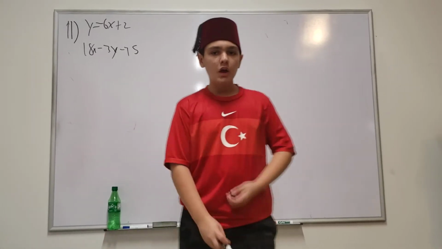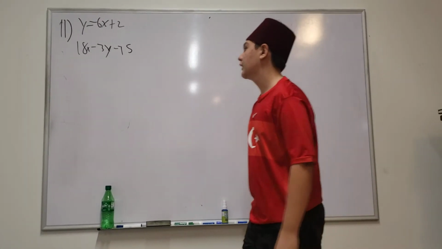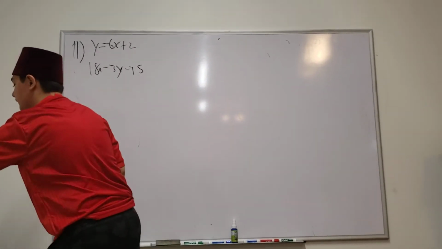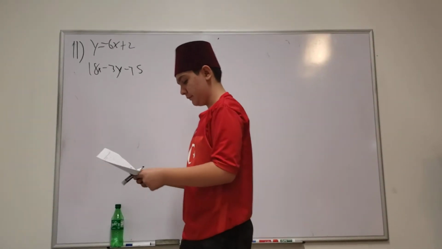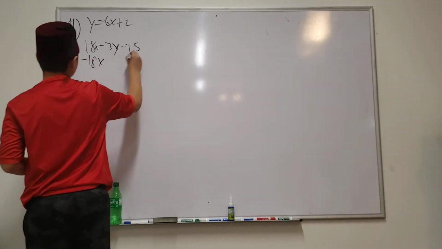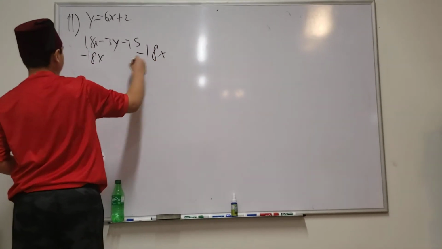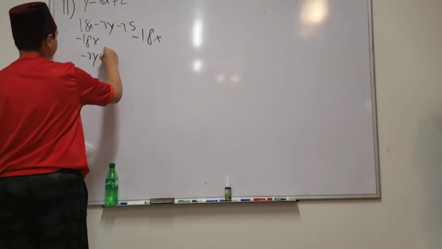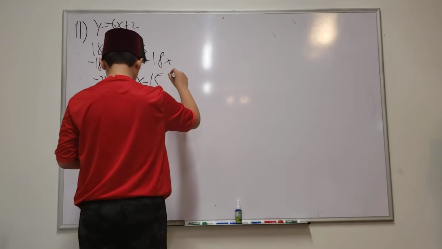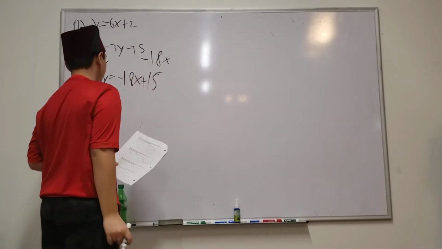So what we're going to do here is take this into slope-intercept form. Okay? So we're going to subtract 18x from both sides. That gives us negative 3y is equal to negative 18x plus 15. Sorry.